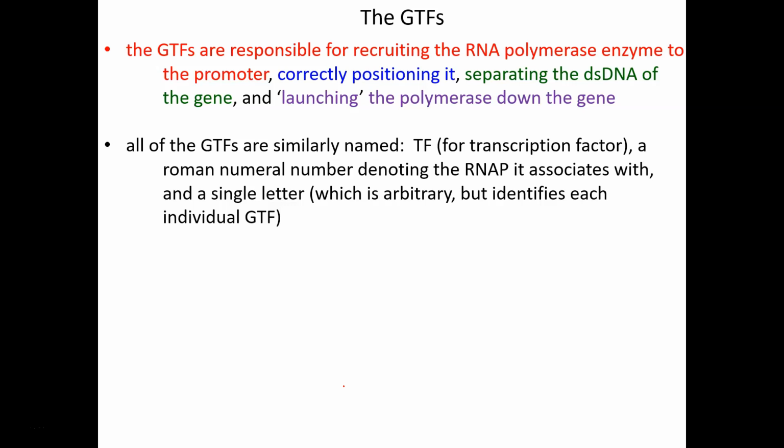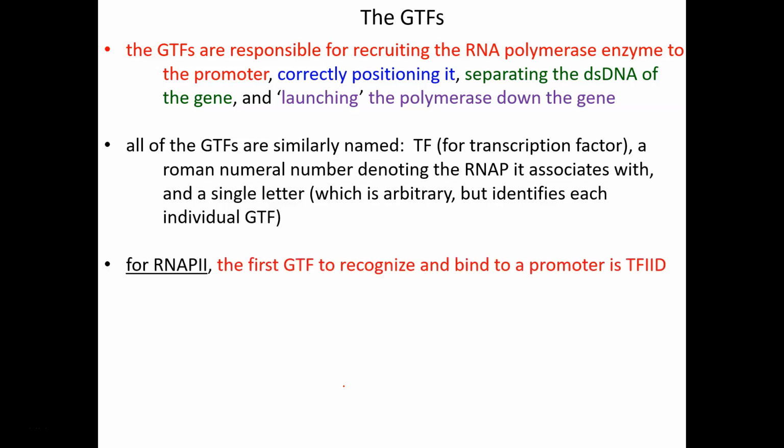TF2 is the transcription factors for RNA polymerase 2. And then finally, each individual GTF just gets an arbitrary letter. So we'll be talking about TF2D, TF2H, TF2E: TF for transcription factor, 2 because it's associated with RNA polymerase 2, and then the last letter is just the arbitrary unique identifier for each individual GTF.